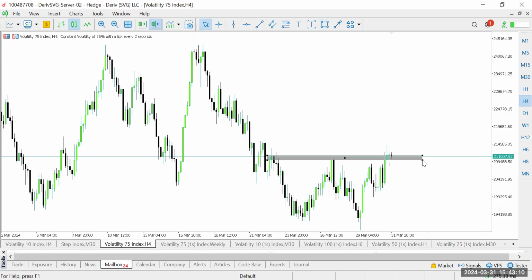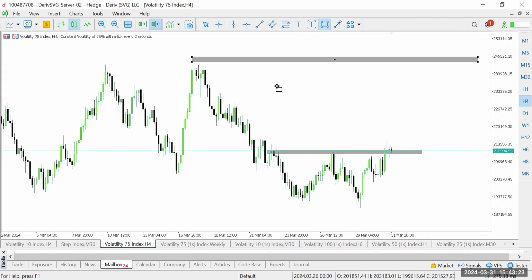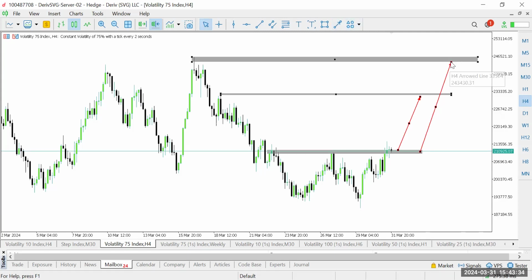On H4, I want price to break this resistance here, and then I will consider a buy. And when I consider the buy, maybe my take profit will be here. But I can take partials here as well at this high. So maybe you can take your first take profit here, and your second one here.